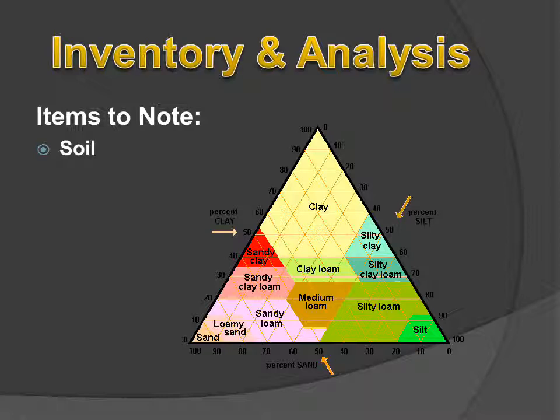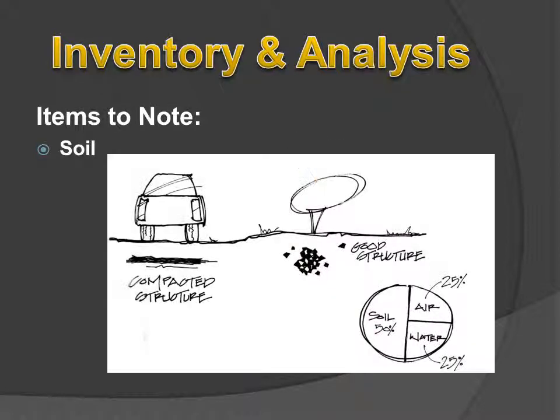And we know this pretty picture here, so we're not going to get into the percent clay, percent silt. The reason we need to know soil science: is it compacted? Does it have good structure? Is it 50% soil, 25% air, water? All those play a role in how we're going to grow our plants.